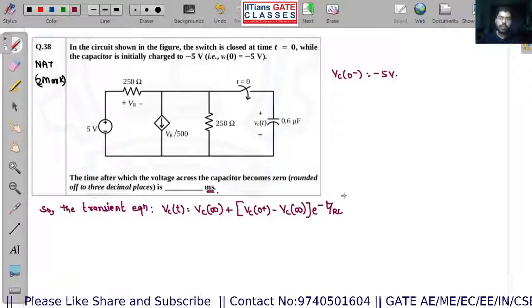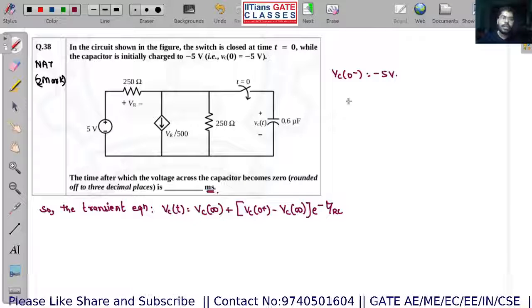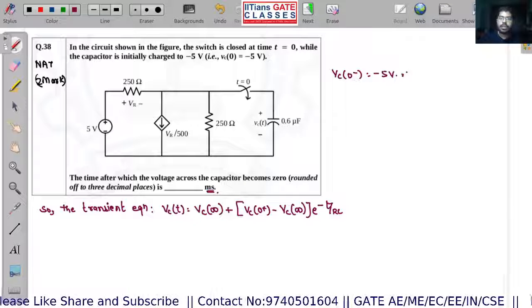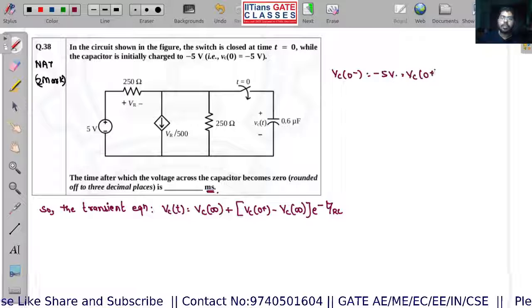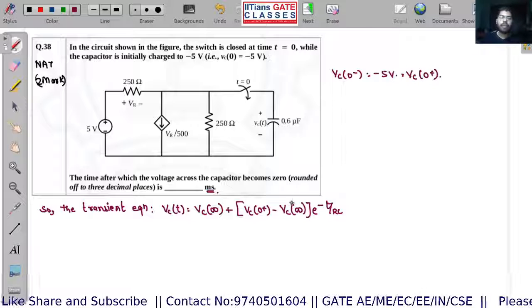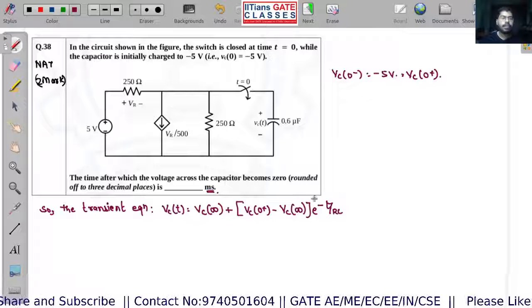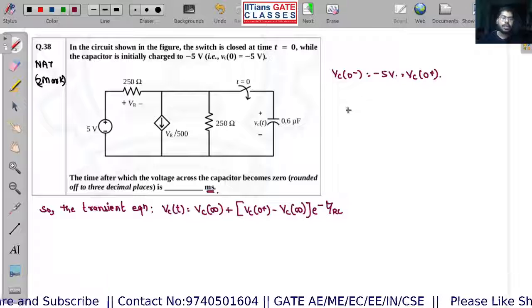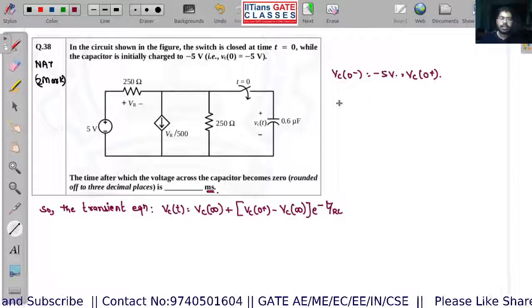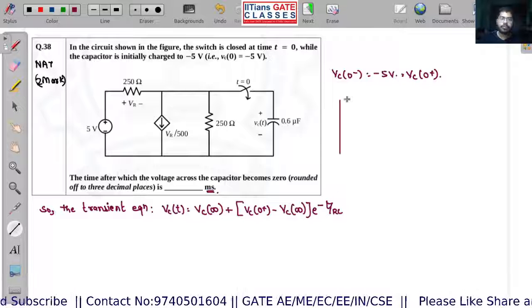Okay, so we have this. Now Vc 0 minus is equal to Vc 0 plus. So simply we need to calculate Vc infinite. So let me redraw this circuit diagram. So what will it be?